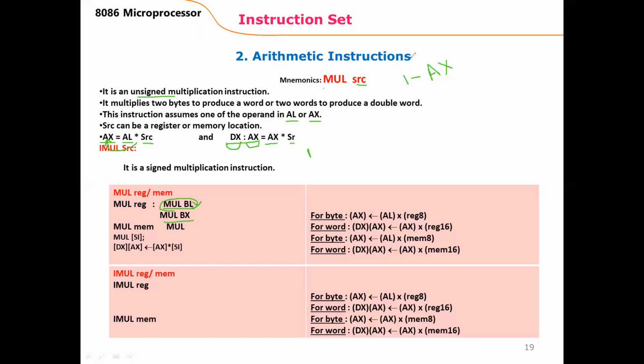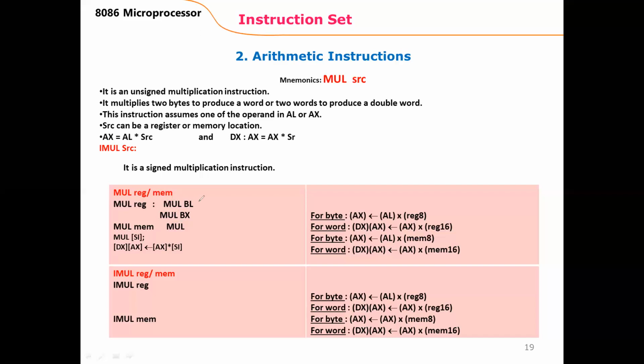Now next is IMUL SRC. IMUL SRC is used for signed multiplication. As we have already discussed in last classes, what is the difference between unsigned and signed multiplication? In case of signed multiplication, we use IMUL SRC. Here we need to discuss one more example depending on the addressing mode.